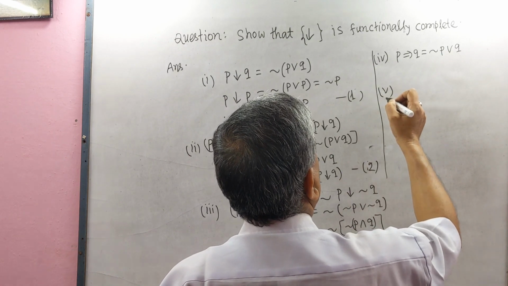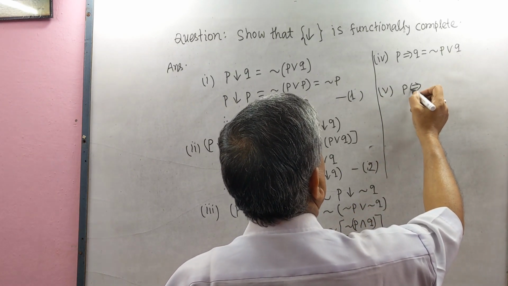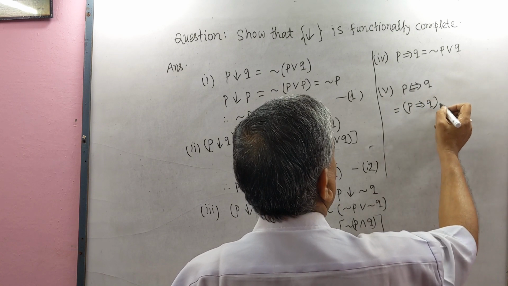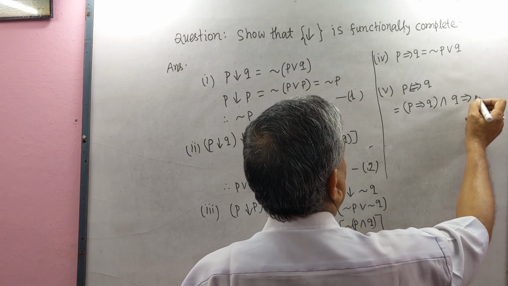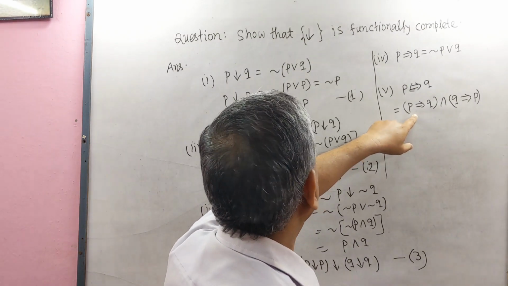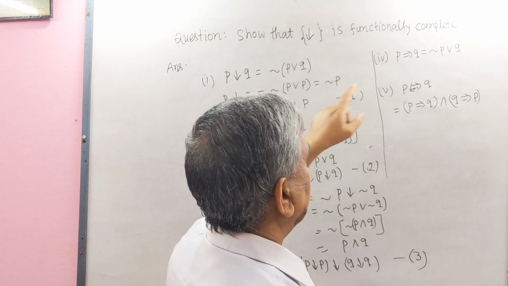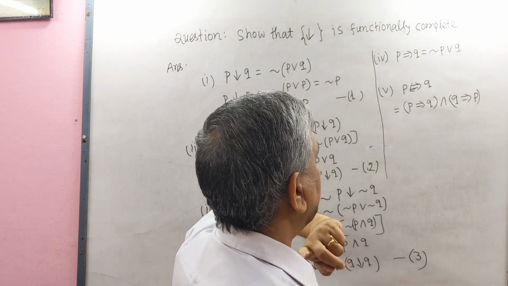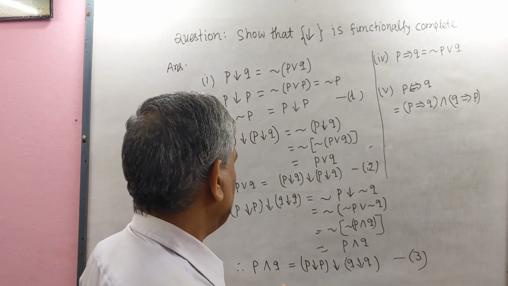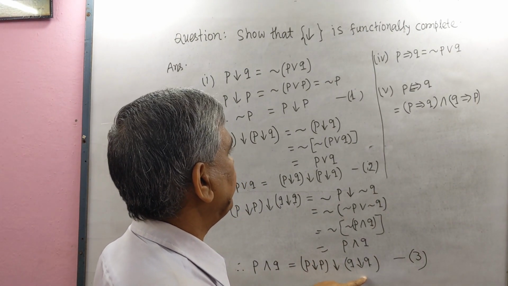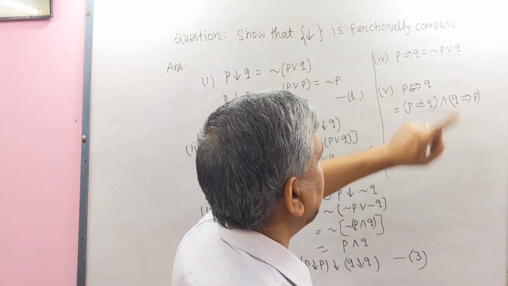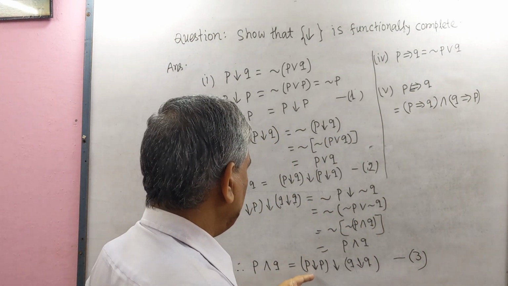Number 5, P double implication Q equals P implication Q conjunction Q implication P. Since implication may be expressed in terms of NOR connectives, and conjunction may also be expressed by NOR connectives, with the help of 4 and 3, we may express P double implication Q in terms of NOR connectives.